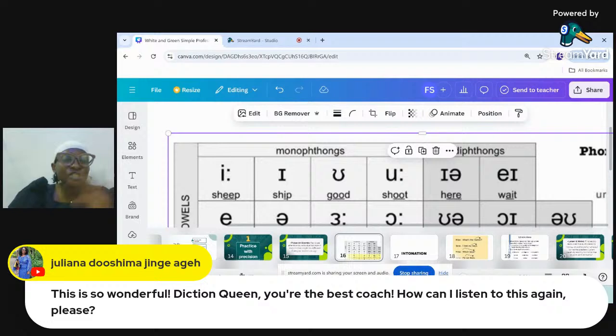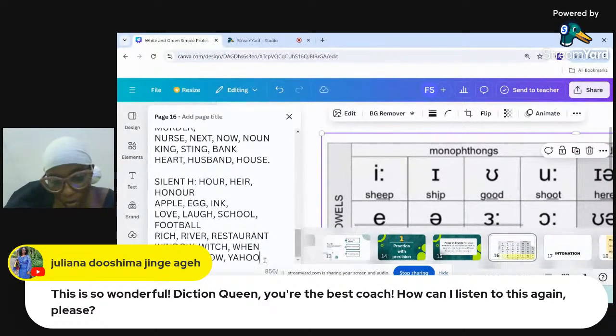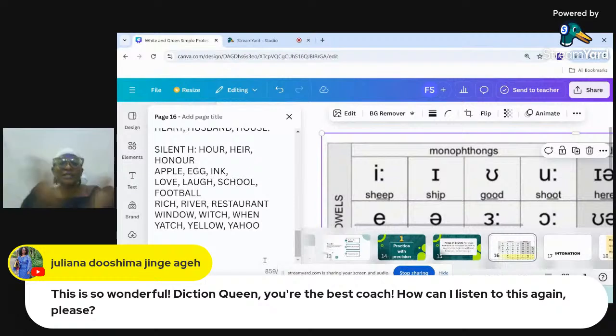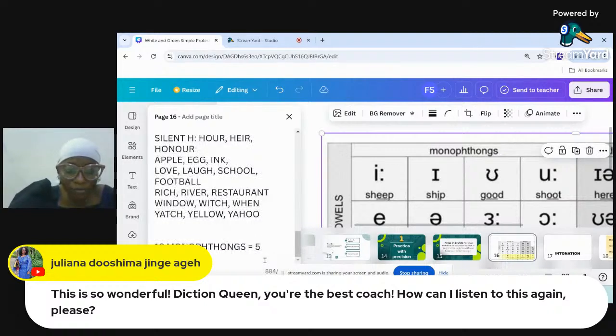And we have just five long vowel sounds. The monophthongs and the diphthongs make up the vowels. So out of the 12 monophthongs, just five of them are long sounds. The remaining seven are short sounds.